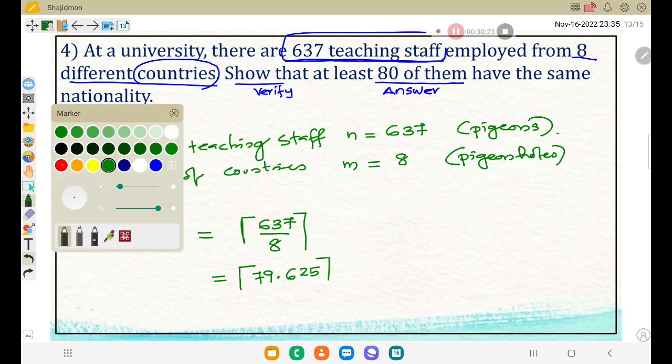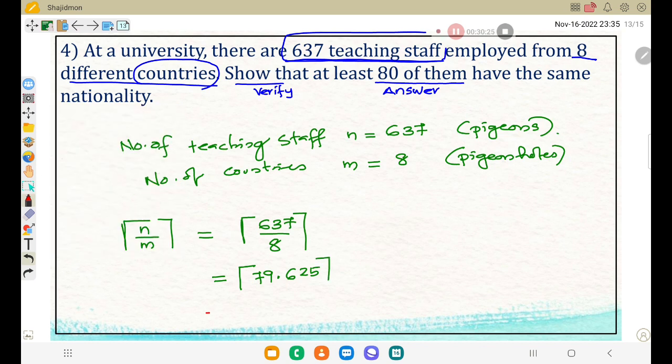What is the ceiling function? 79.625 means the next number, that is 80, correct? So what can we conclude? At least 80 of them have the same nationality. One of the countries has at least 80 teaching staff. That is the idea of the pigeonhole principle here. The answer is given, we just verify or show that 80 of them have the same nationality. Hope you understood that one.